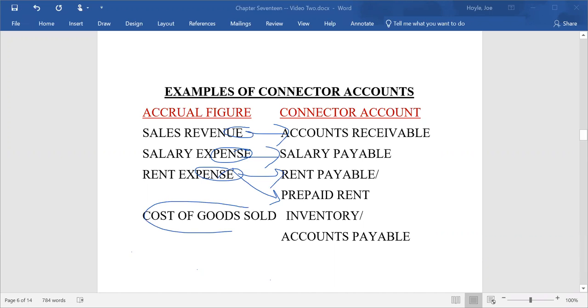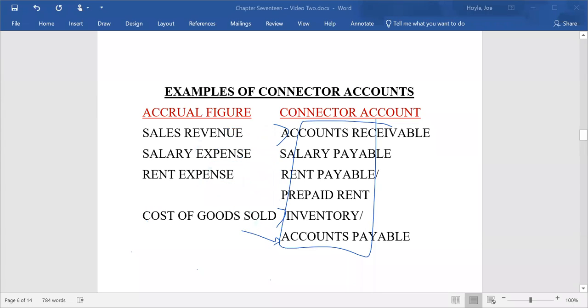And for cost of goods sold, you always have 2, and that makes it a little more tricky. You have inventory and accounts payable. Those are connector accounts. They are going to be used when we convert from accrual accounting to cash accounting in order to get the operating activity cash flows.